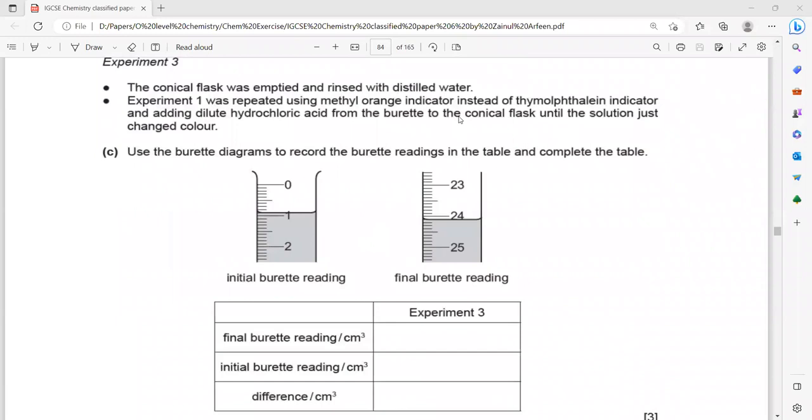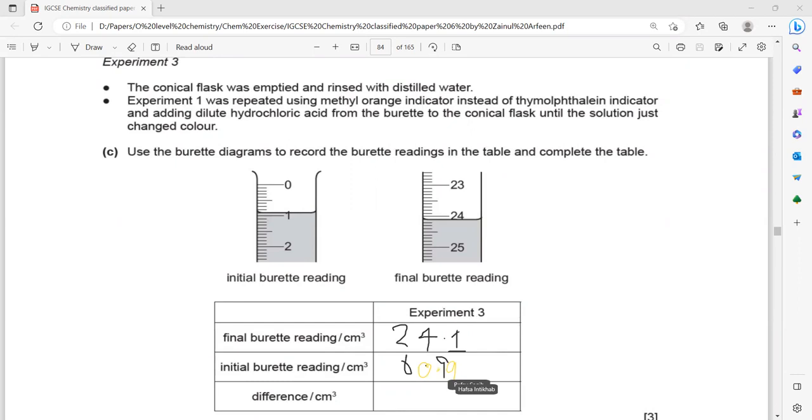Then the third experiment was done. A conical flask was emptied and rinsed with distilled water. Experiment 1 was repeated using methyl orange instead of thymolphthalein indicator, and dilute hydrochloric acid was added from a burette to the conical flask until it showed a color change. From the burette diagrams, what is the initial burette reading and final burette reading?